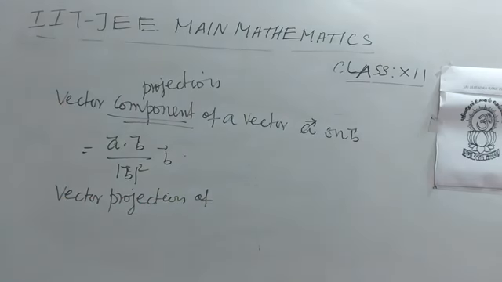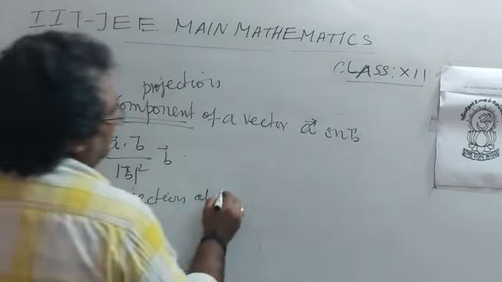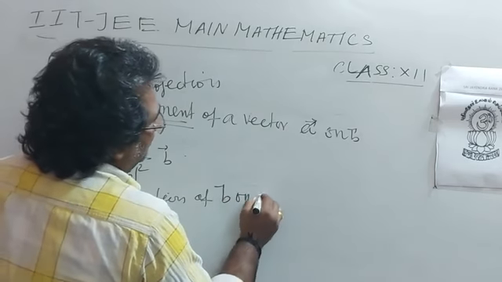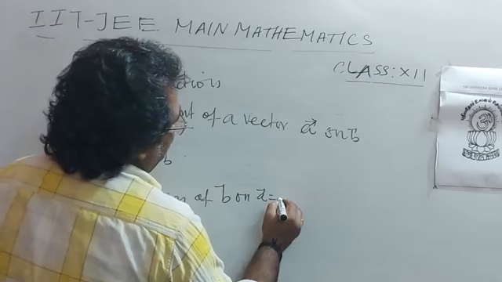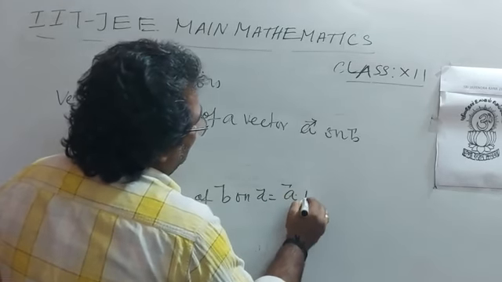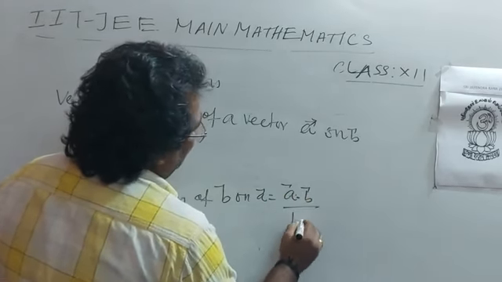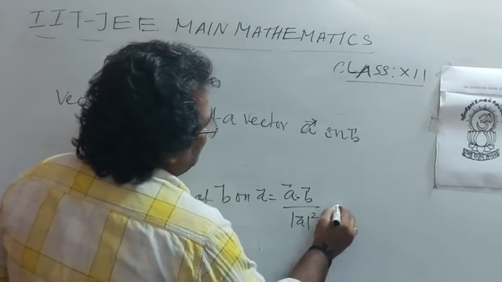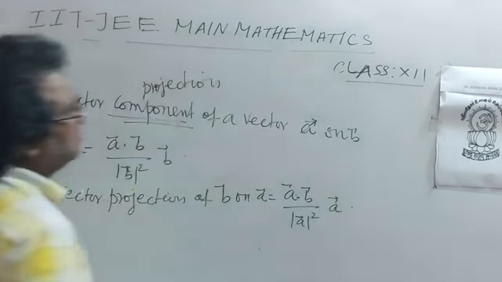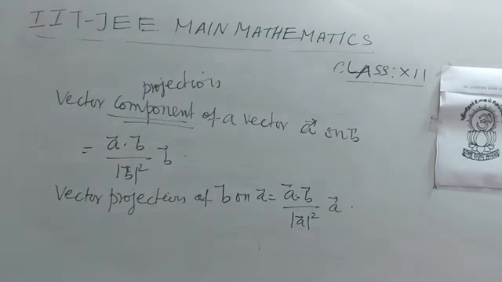Vector projection of b vector on a vector is a vector dot b vector by modulus a vector squared into a vector.